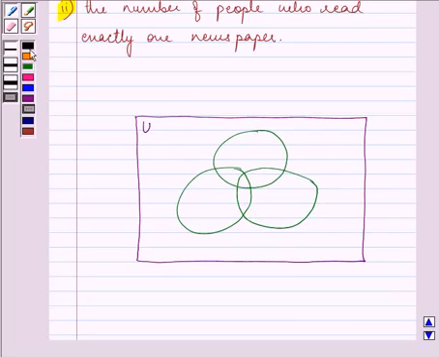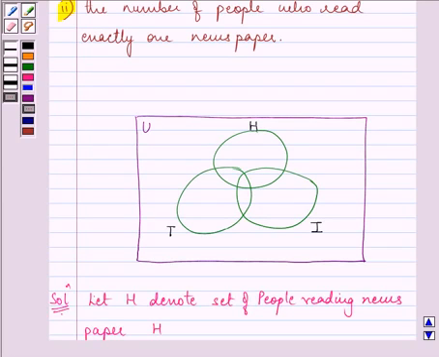This be the set of people reading newspaper H. This set be the set of people reading newspaper T. And this be the set of people reading newspaper I. Now, to simplify, we have drawn a Venn diagram showing all the 3 sets intersecting each other.